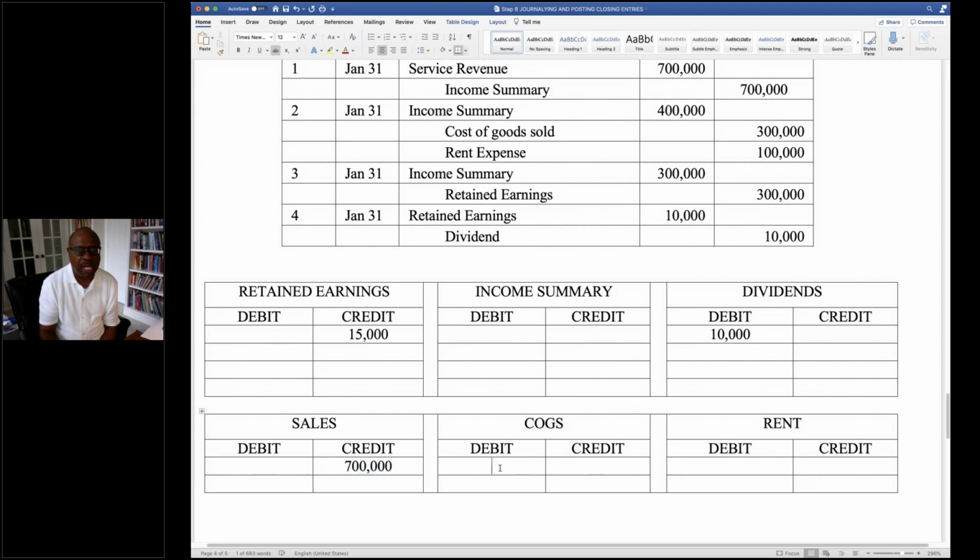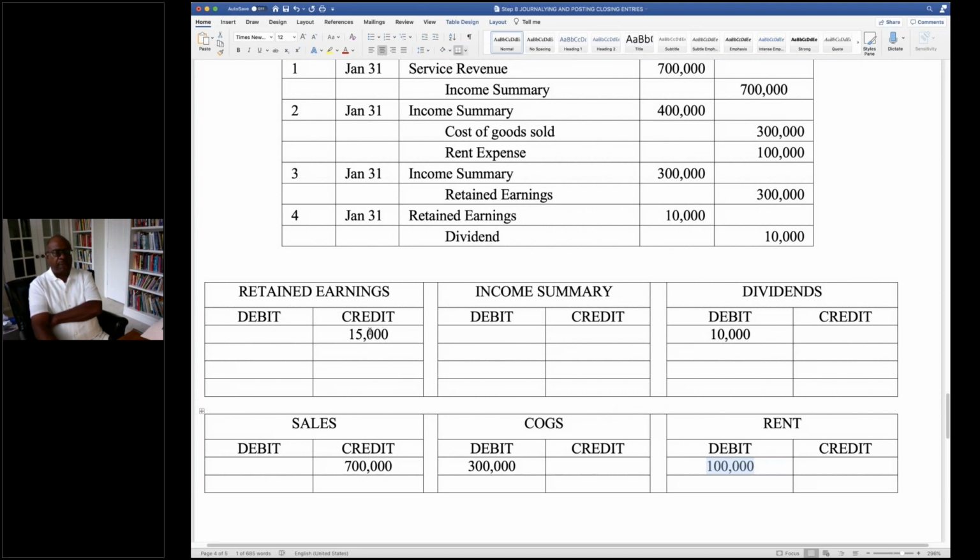Cost of goods sold had a debit balance of $300,000, and the rent was $100,000. So before the closing entries, these are how the accounts look.